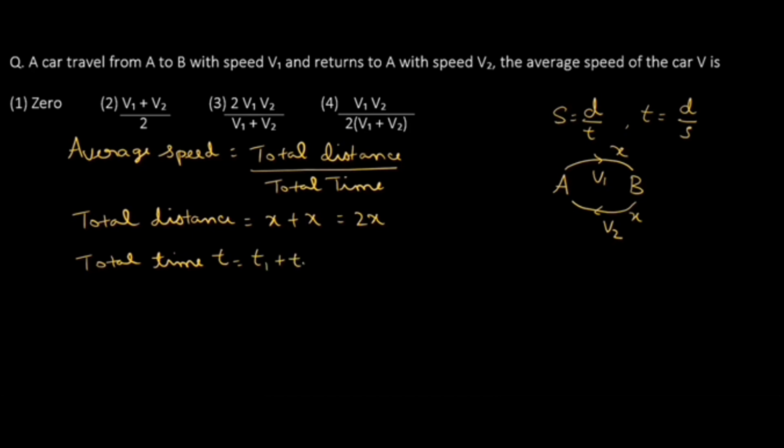For t1, from the formula we can get d1 by v1, plus for t2 it is d2 by v2.